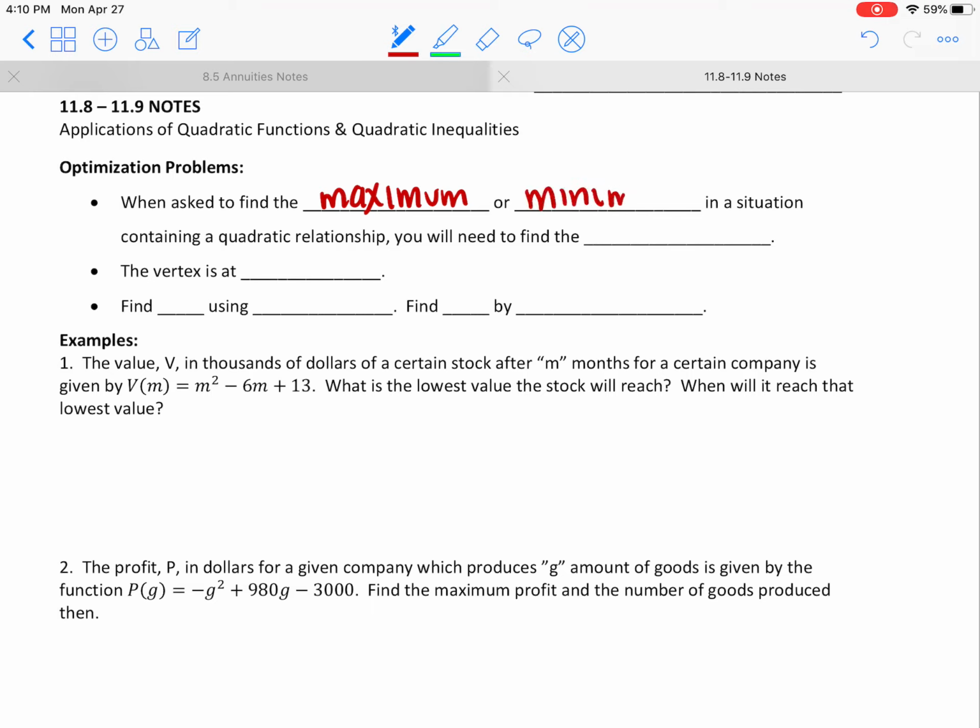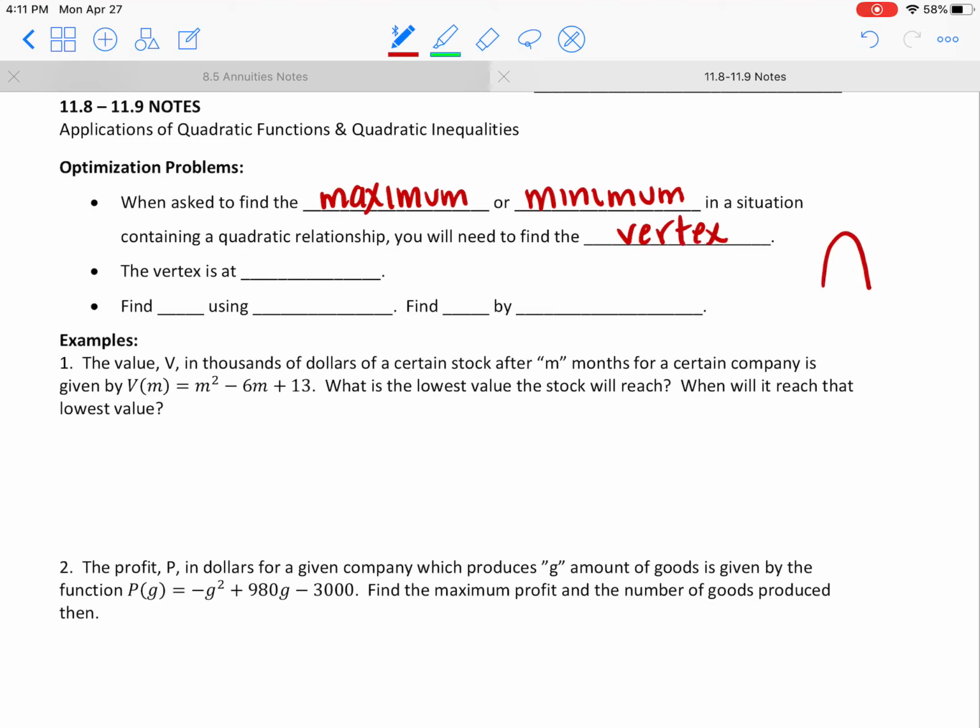So what we're going to look at are what we call optimization problems. That means we're trying to maximize or minimize something in a situation. And if you are asked to find the maximum or minimum, and it could be a variation of the words, right? Instead of max or min, it could be highest or lowest or least or most or something like that.